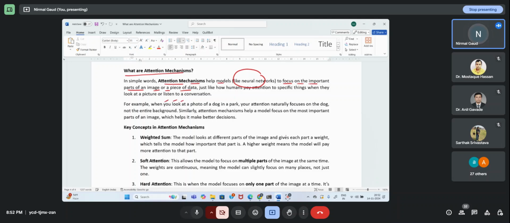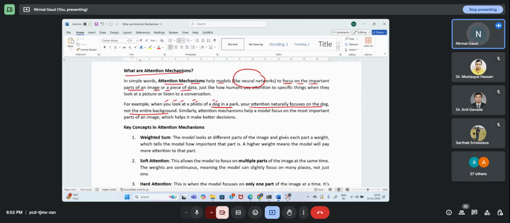When you look at a photo of a dog in a park, your attention focuses on the dog, not the entire background. In feature extraction, we try to do that only, to extract the features of the dog. I should be able to see an object in an image.